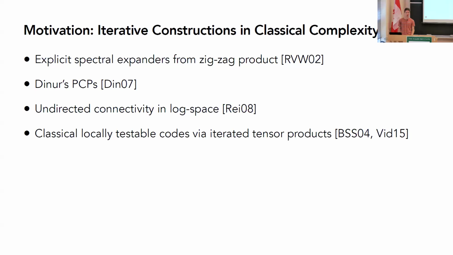And maybe most related to our work is the construction of classical locally testable codes by taking iterated tensor products by Ben-Sasson and Sudan in 2004, and then improved upon by Meir in 2015. So we can view our construction as really giving a quantum analog of this construction of classical locally testable codes.